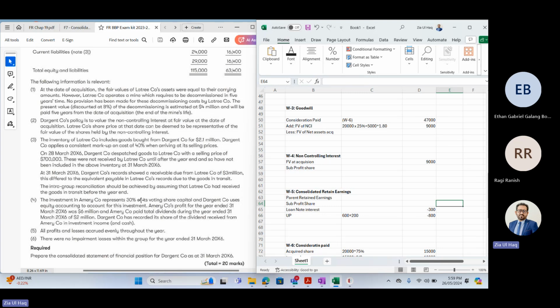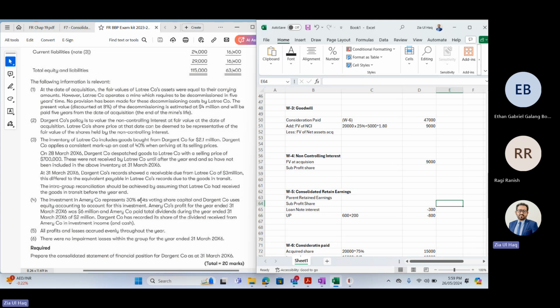What is goods in transit? 700. This means payables, how much recorded there? 2,300. This means receivable we need to adjust with the 3 million. But payable we need to adjust with how much? 2,300 rather than the complete 3 million.